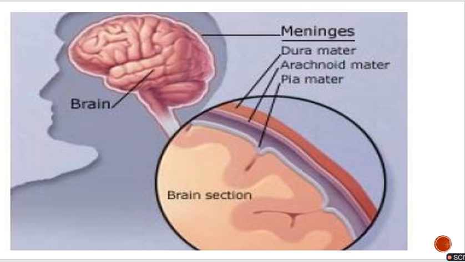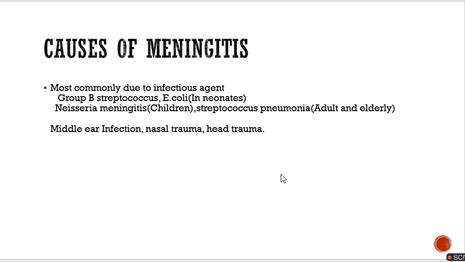Now let's talk about the causes of meningitis. Most commonly it is due to an infectious agent. In every age group the infectious causes are different. For example, in neonates the causative agents are group B streptococcus or E. coli.